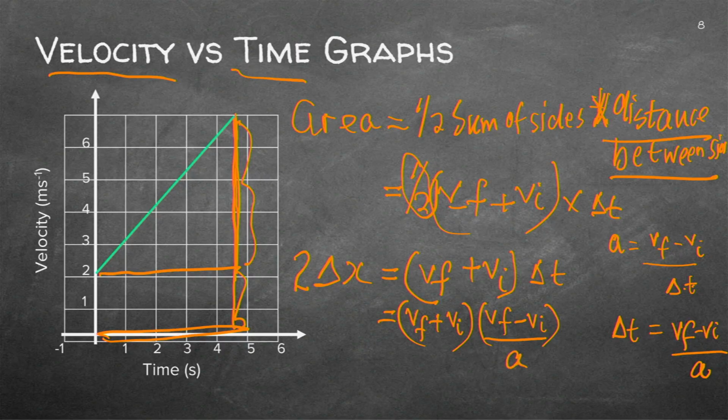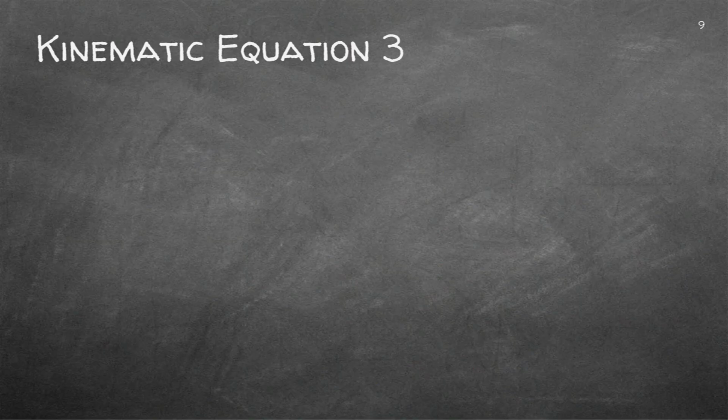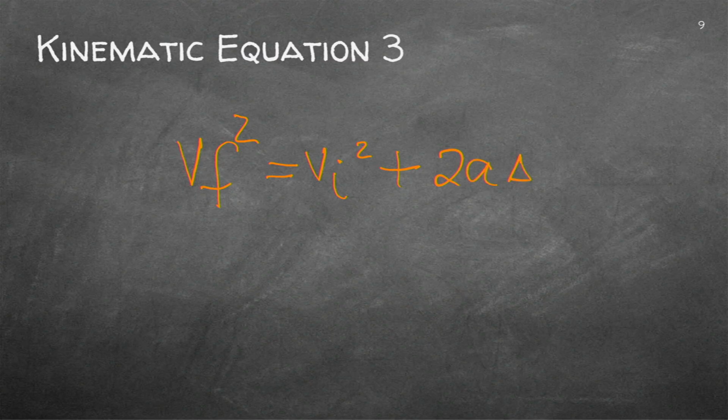I'm going to take the a away and put it this side, which leaves me with Vf plus Vi multiplied with Vf minus Vi. And as you know, I can substitute that with Vf squared minus Vi squared. And you'll find your next equation will actually be Vf squared equals Vi squared plus 2a delta x.